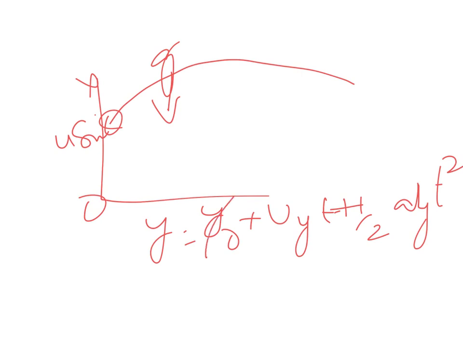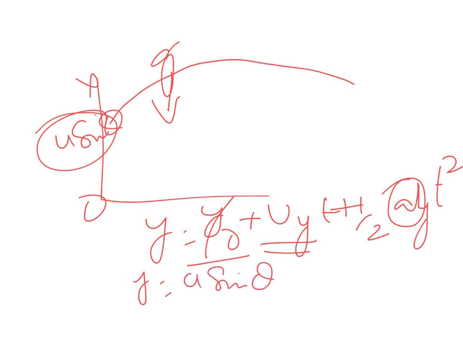Because the velocity is decreasing due to gravity, we take a as minus g, and uy as u sin theta. So y is equal to u sin theta t minus half gt square.